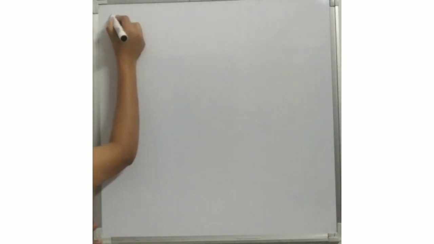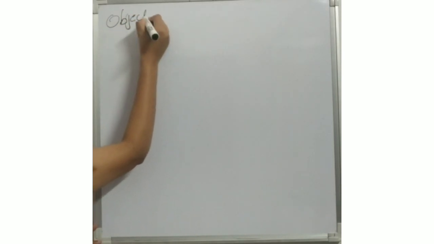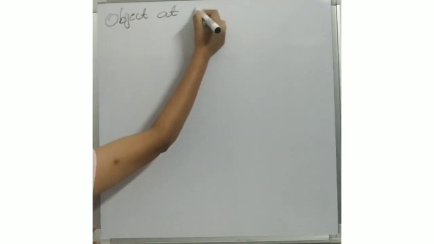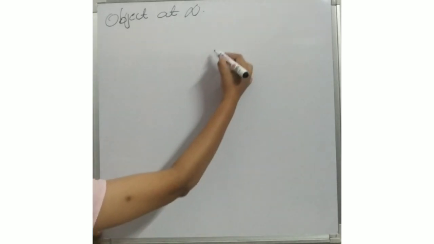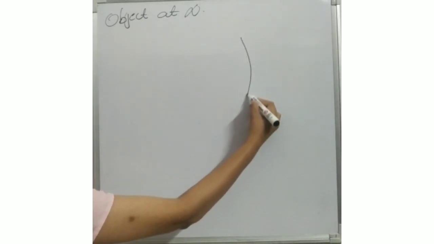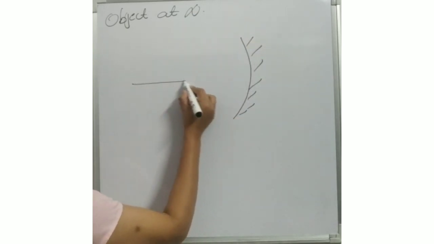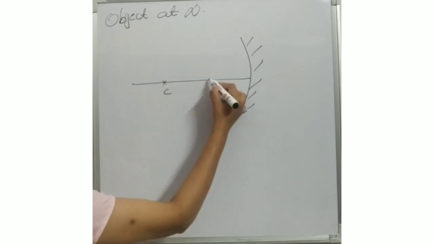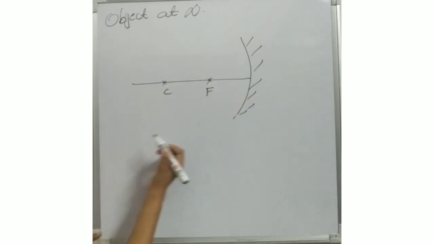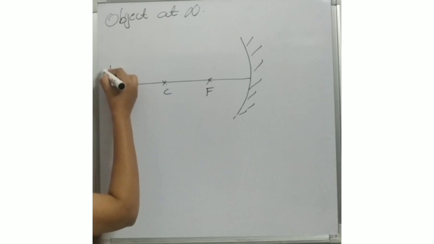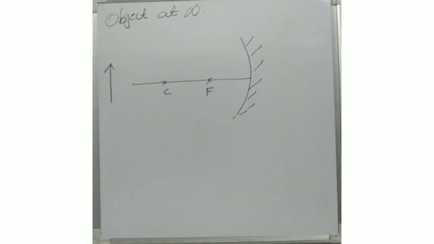Now, if the object is kept at infinity, let us see what will happen. We know that from an infinite object there will be only parallel lines. So here, if this is the mirror, this is the center of curvature and here is the focus, now the object we can draw like this, because we need to draw only parallel lines.